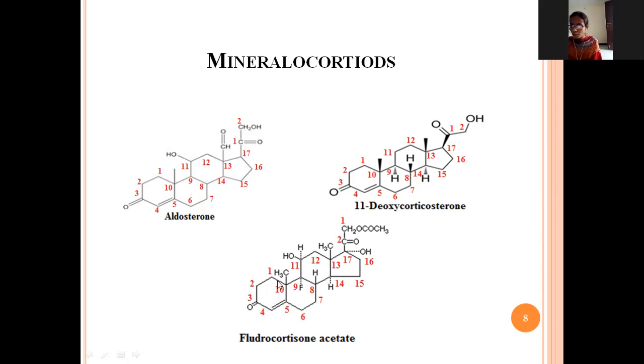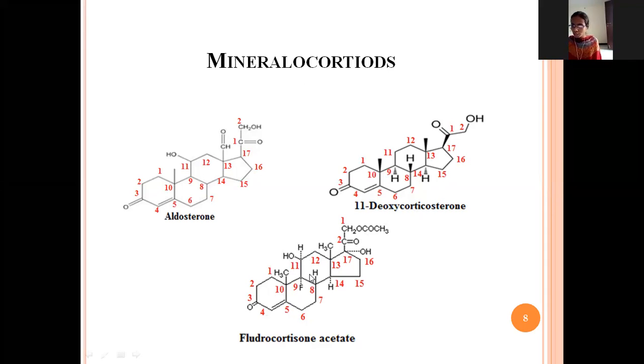And in the 11th position and in the 17th position, a hydroxy group is there. And again in the 17th position, an ethyl acetate group is attached. Here in the 9th position, fluorine is attached.